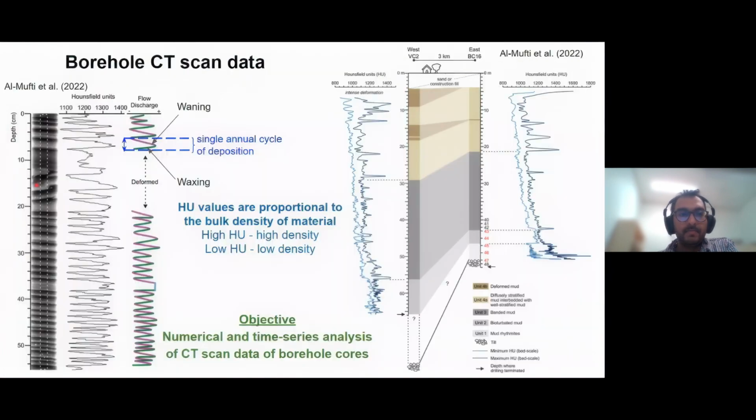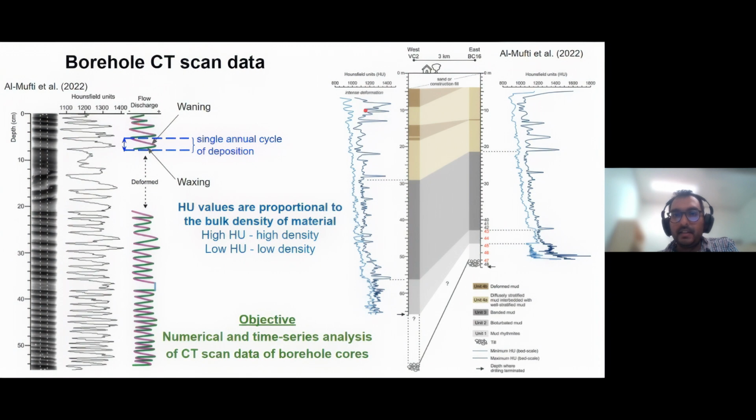If you look at the figure on the left-hand side here, it shows one of the borehole CT scan images. We can clearly see that there's some repeating pattern of sedimentation when you go down the borehole. This is from Unit 1 that Mark mentioned, that occurs at the base of the BC16 borehole. I'll come on to the other two figures and what they show later.